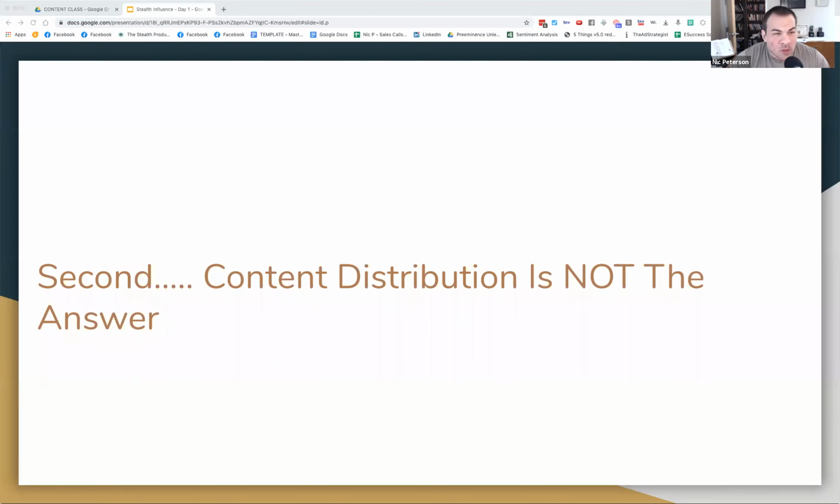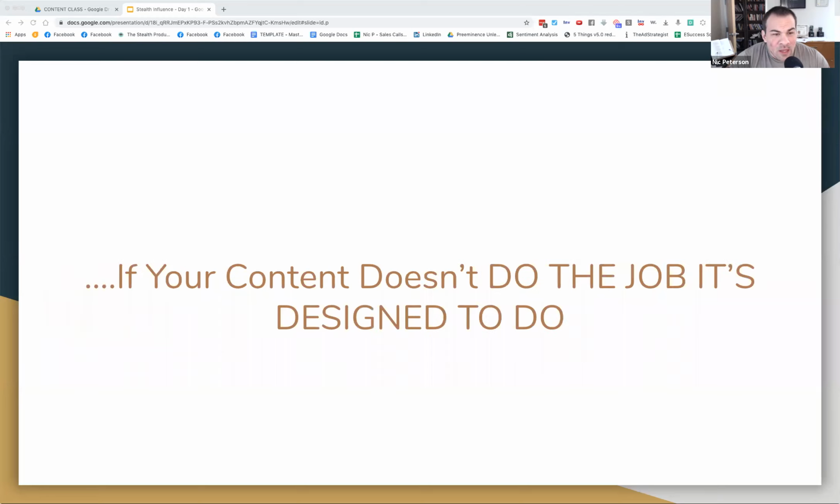But otherwise, if your content is not doing the job it's designed to do, which is get people to modify their behavior, pulling out the credit card and entering it into your checkout page is modifying their behavior.